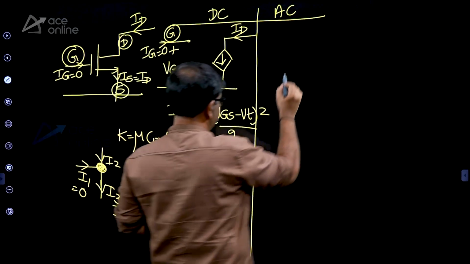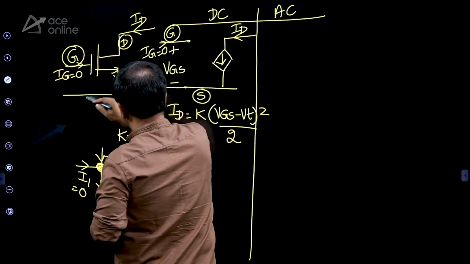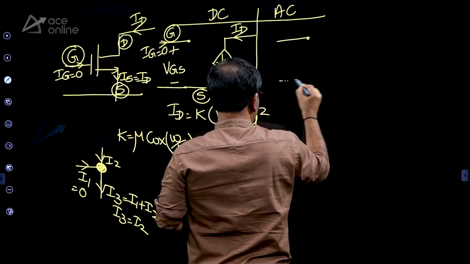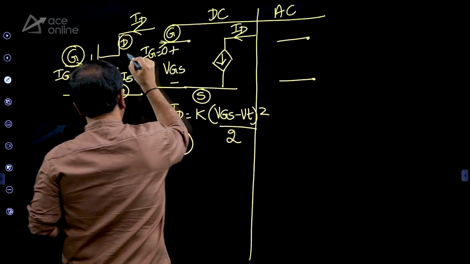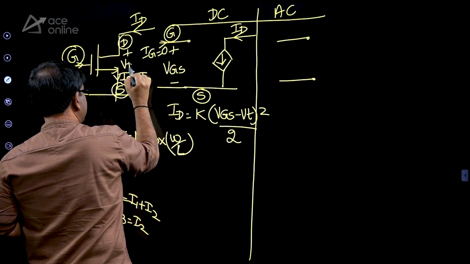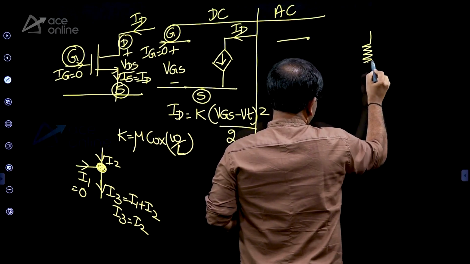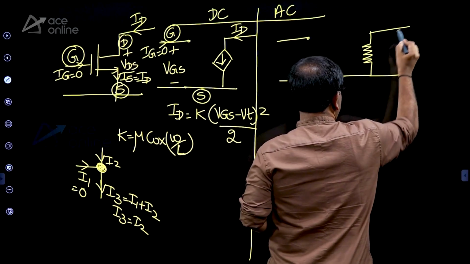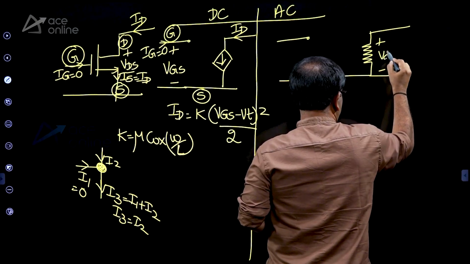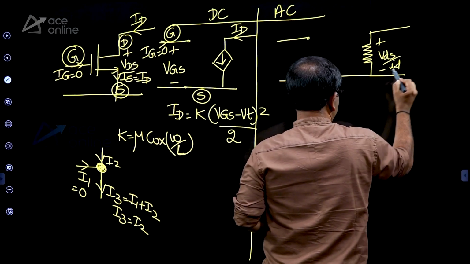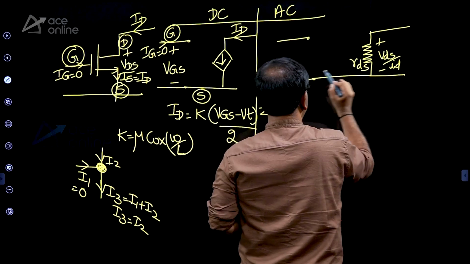Now for AC analysis, at the input side current is 0, so there's an open circuit. At output side, you have a VDS and ID. VDS and ID, the change in VDS by change in ID is a resistor. You can call it RDS if you want.